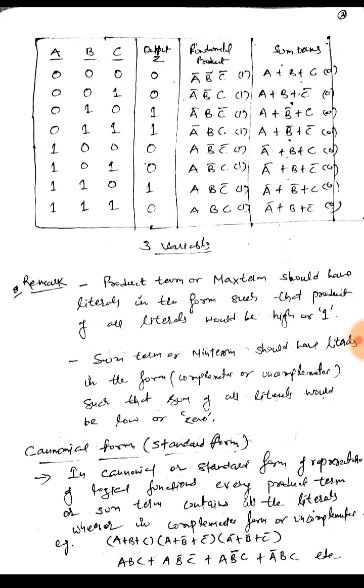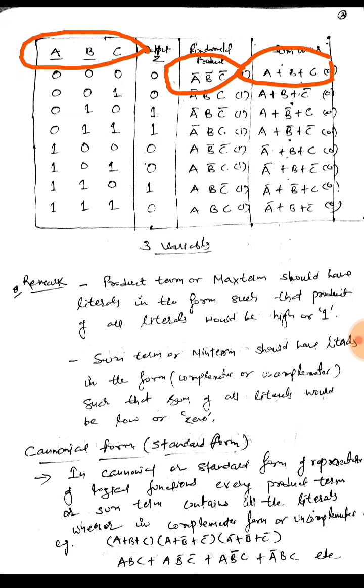That is, in canonical form or the standard form of sum of products or POS, the logical function will consist of all the literals in every term, or every term will be a max term or a min term, because max terms involve all the variables. Similarly, a min term will consist of all the variables which are available.